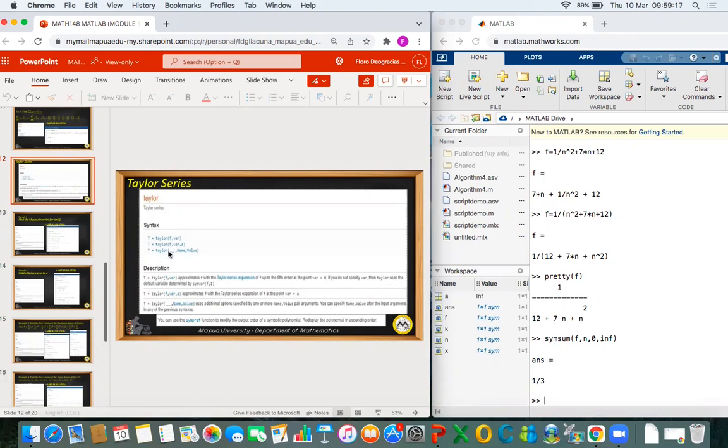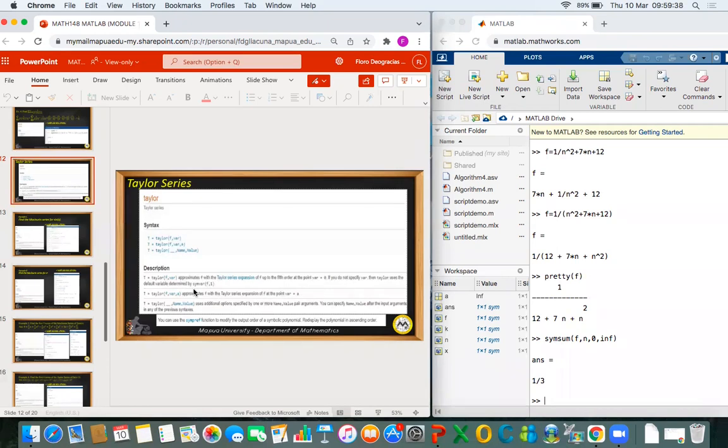By the way, for the first one, it approximates F with a Taylor series expansion of F up to fifth order at the point variable equals 0. If you do not specify var, then Taylor uses the default variable determined by symvar, that is f comma 1.